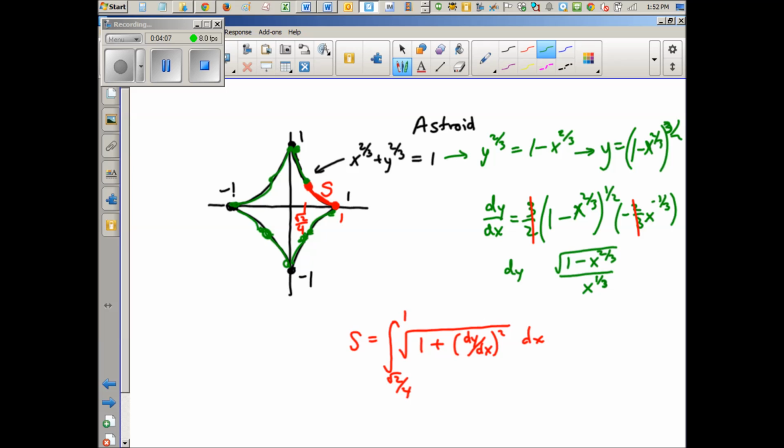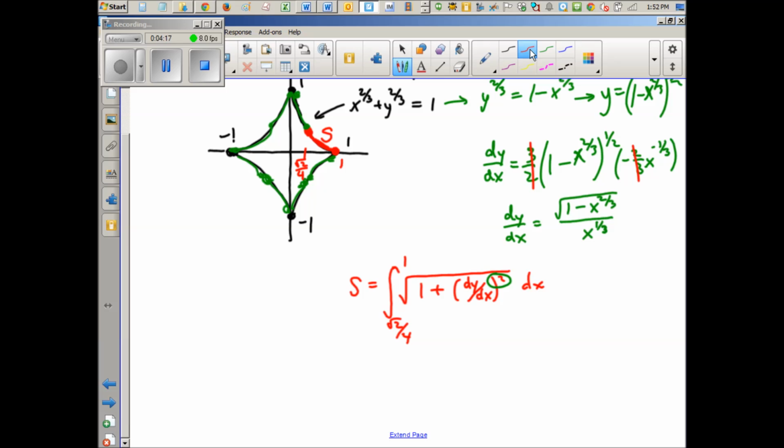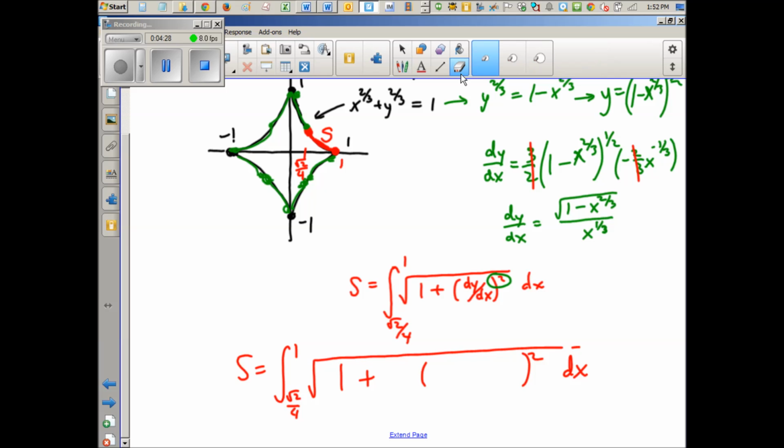And this is dy dx, which is fairly ugly, but it won't be so bad after we square it, because it's going to get squared, you see. So let's stick it into our integral, and we have s equals the integral from root 2 over 4 to 1 of the square root of 1 plus garbage squared dx, where garbage is our derivative, square root of 1 minus x to the 2/3 all over x to the 1/3.